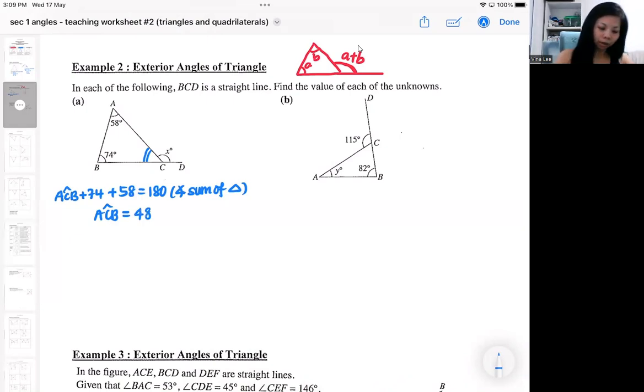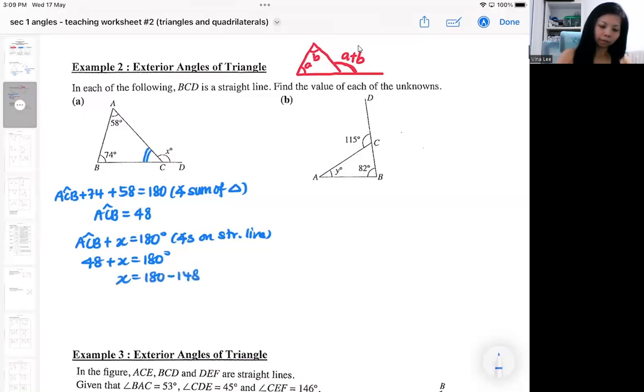Okay, however, our job is to find x. So ACB and x will be 180 because it's angles on a straight line. So if you do this, you also will be able to find x.